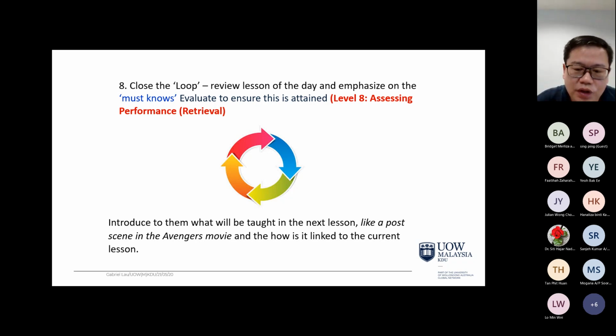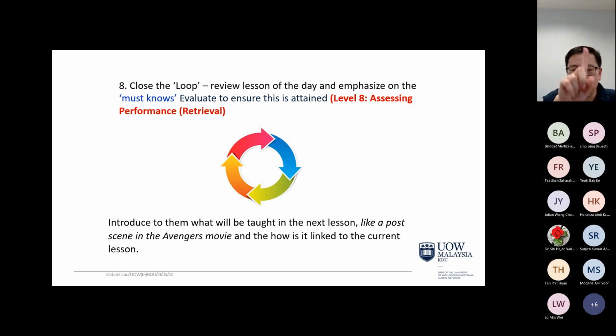So after closing the loop, you tell students about the next lesson. You're trying to create excitement in the students, which is called wanting something, or anticipation. So they will anticipate the following lesson.